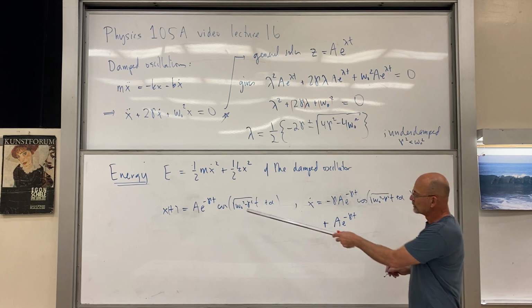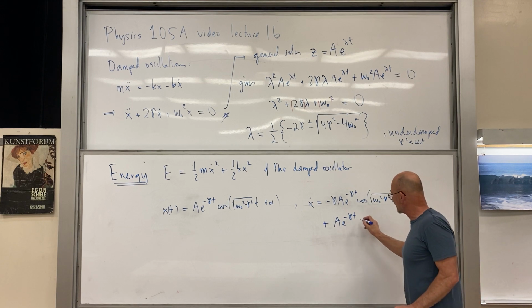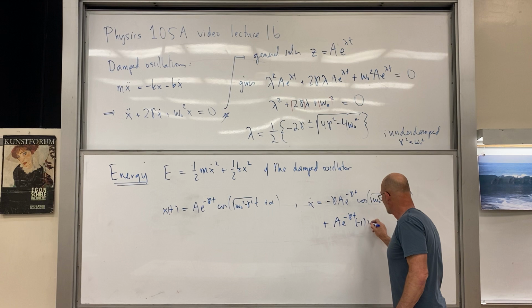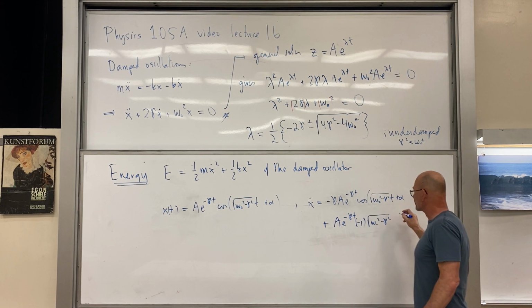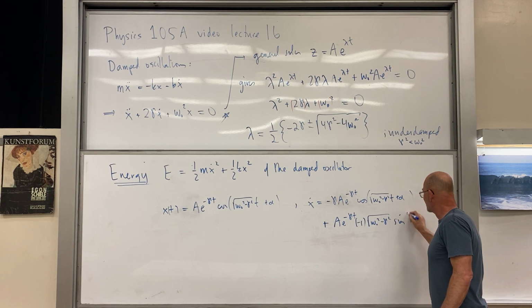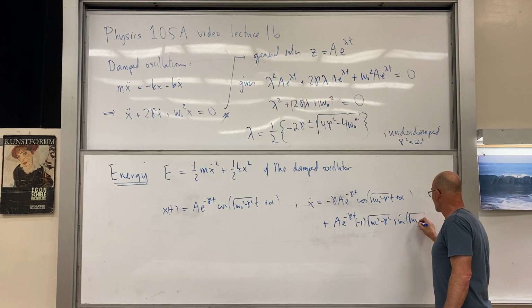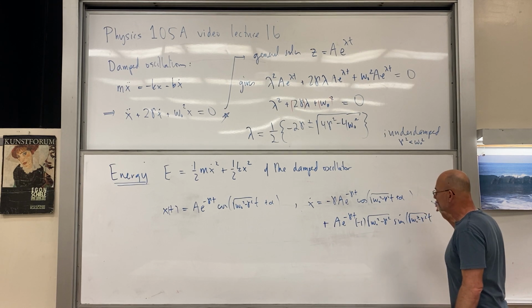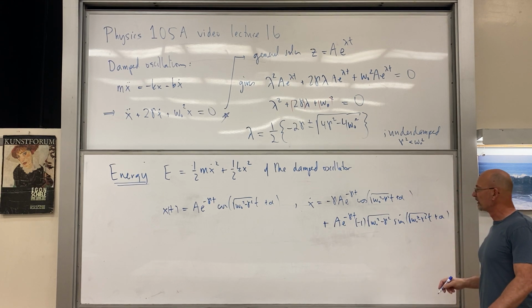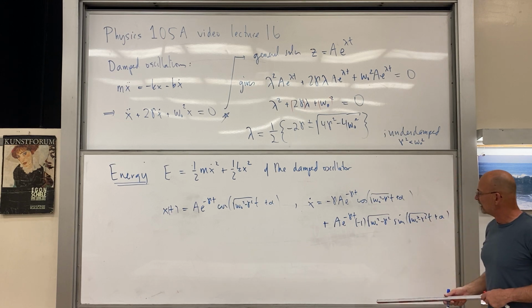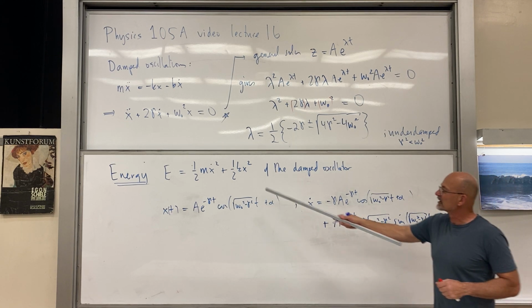Then when we take the derivative of the cosine, we get another minus sign out, and the inner derivative, root omega naught squared minus gamma squared, and then the sine of root omega naught squared minus gamma squared t plus alpha. So there is our velocity.